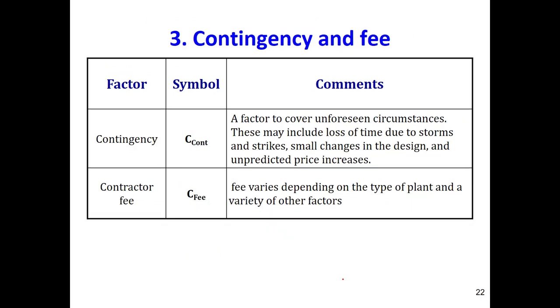Those are your indirect expenses. We have also contingency and other fees. Let's say the things that might happen in the future, we call contingencies. We show it with this. Contingency is a factor that covers any unforeseen, unpredictable circumstances in the future. It might be waste or loss of time because of stormy weather or some strikes. Labor strikes happen all the time in different countries.